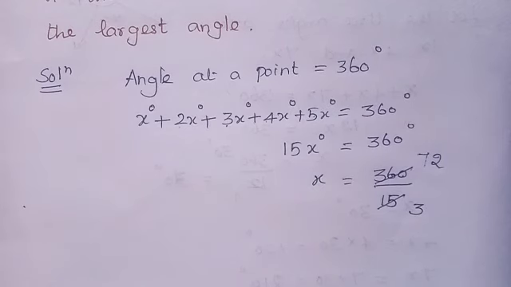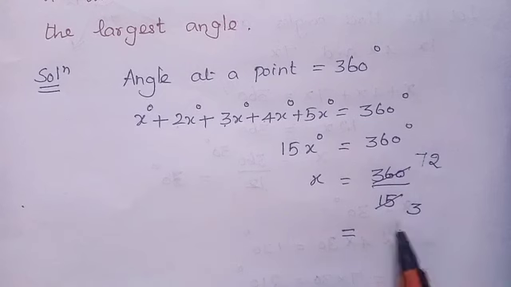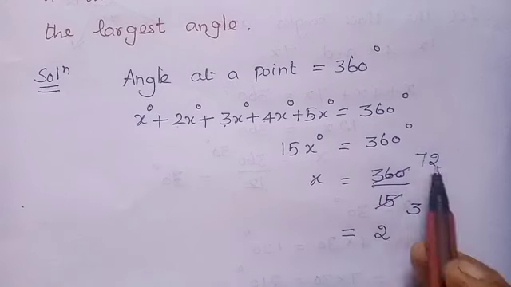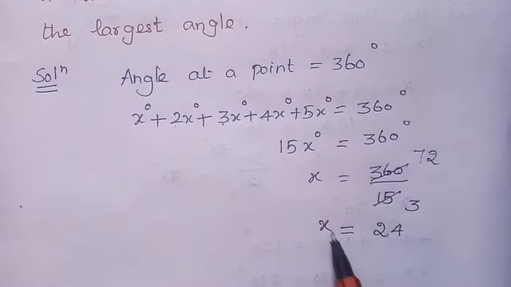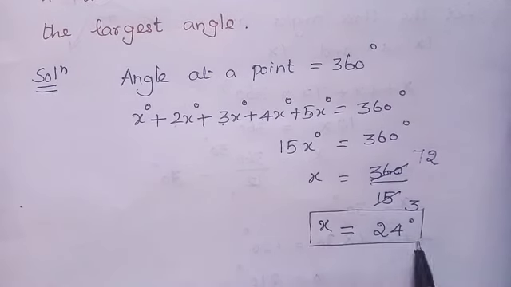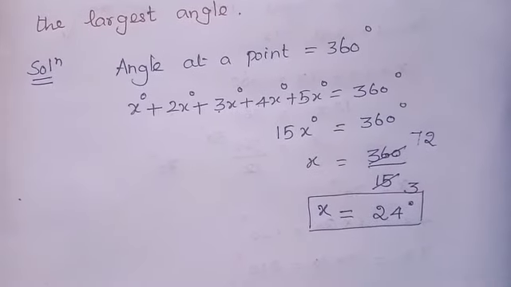Again we can divide 72 divided by 3. What do we get? 2 3s are 6, remaining 12. So 4 3s are 12. Therefore, the value of x is equal to how much degree? 24 degree. Then separately we can find out the angles.